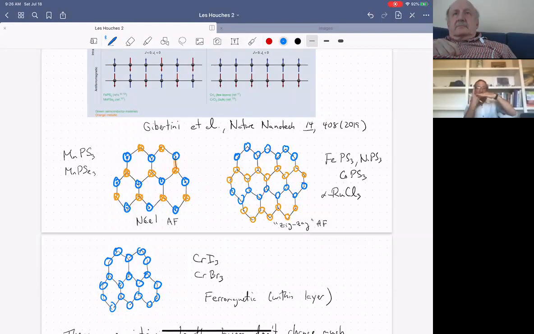But then you apply a magnetic field that wants them to align parallel to one another. You can cause one of the layers to flip. And that's easily detectable electronically. So that's a way in electronic measurement to observe this J prime scale. And the smallness is actually good because it means you can compete with that small scale with laboratory magnetic fields, for example.